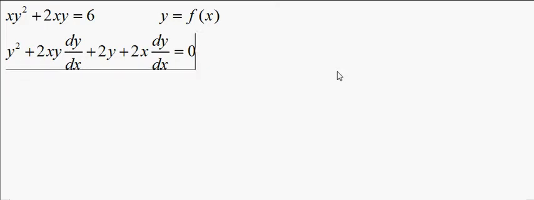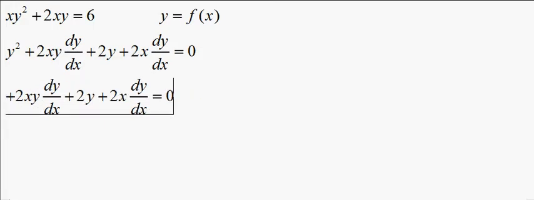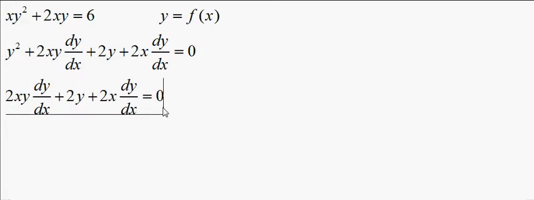Now basically all we do here is you just isolate dy/dx. So we're going to move all the non-dy/dx terms to the other side, so that includes this y squared. We're going to get rid of that y squared and put it on the other side. We're going to get rid of this 2y, put it on the other side.